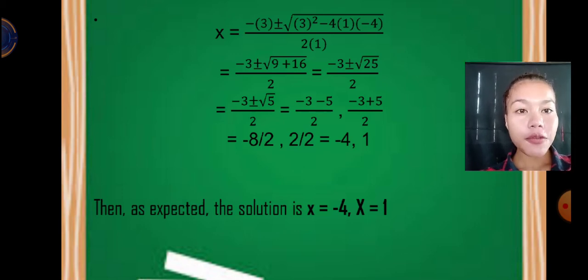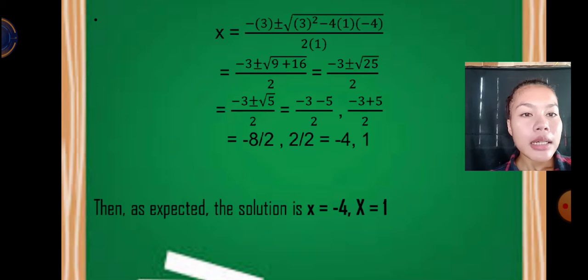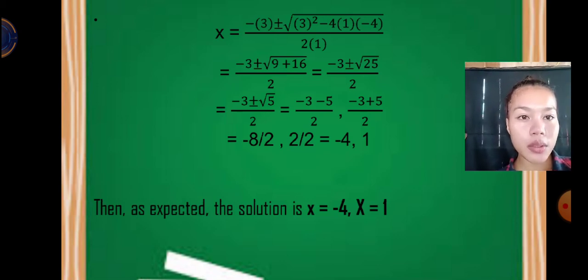Next is negative 3 plus or minus the square root of 25, which is 5, over 2. Then we have negative 3 minus 5 over 2, and negative 3 plus 5 over 2.